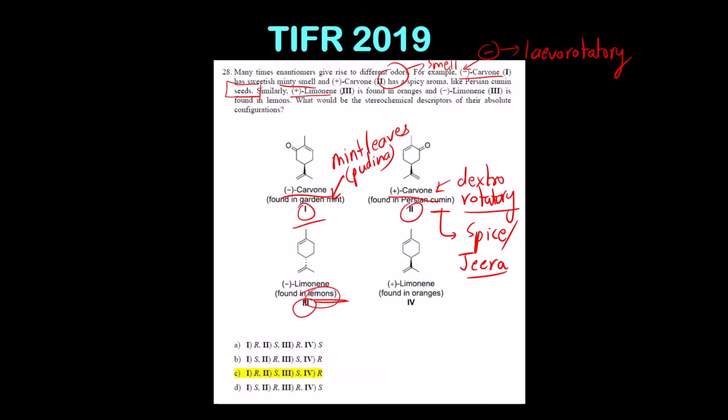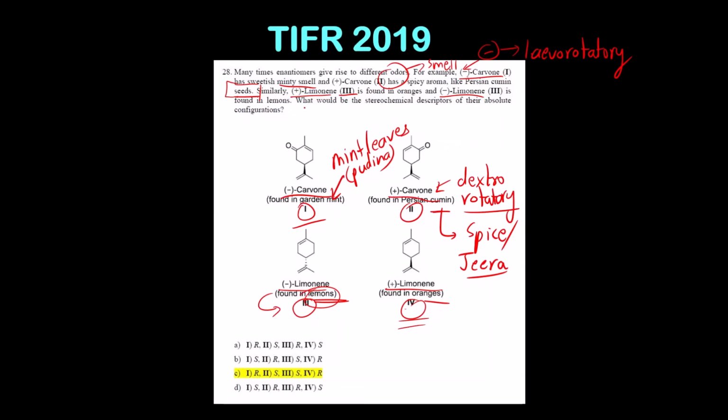So the smell of lemon is because of this third molecule, and in oranges this is present: plus limonene, plus or levorotatory limonene, is in oranges, and this is present in lemons.